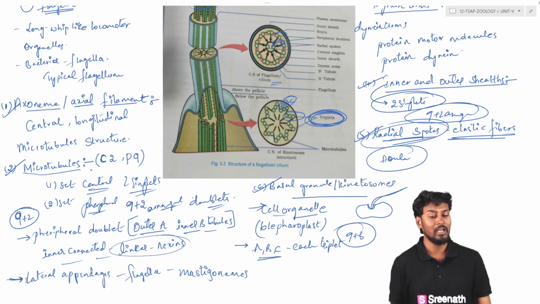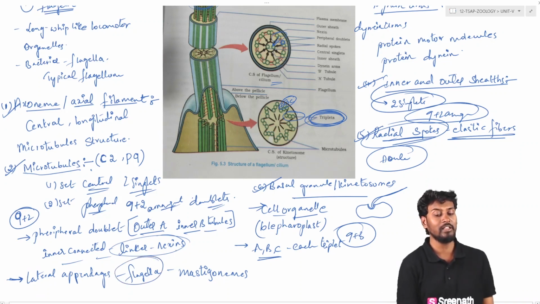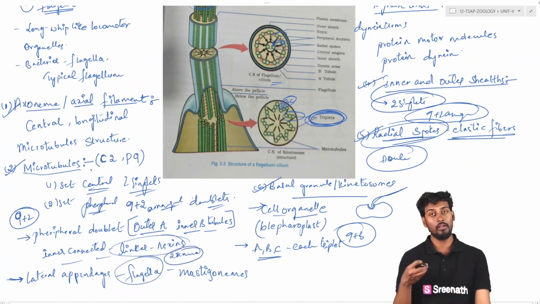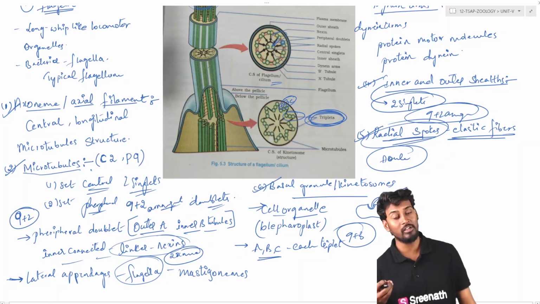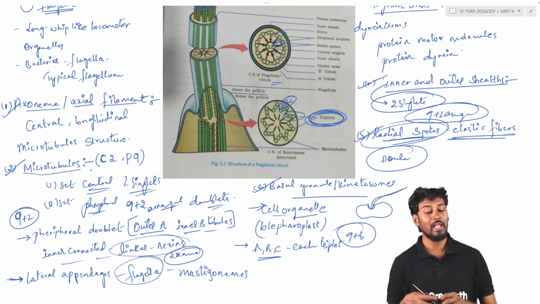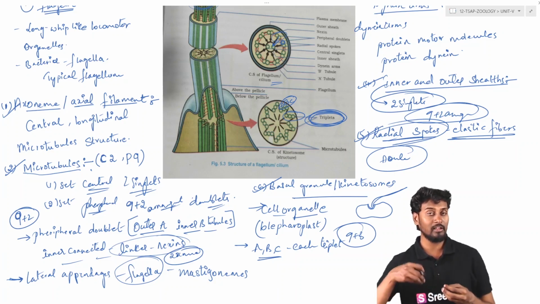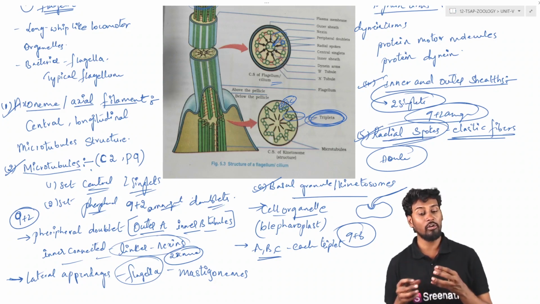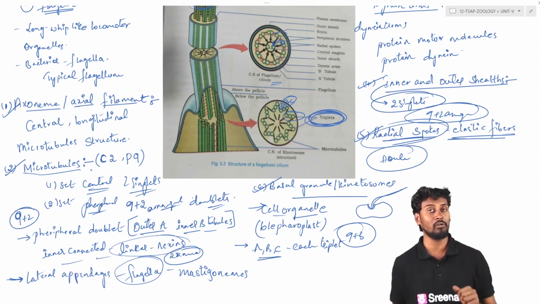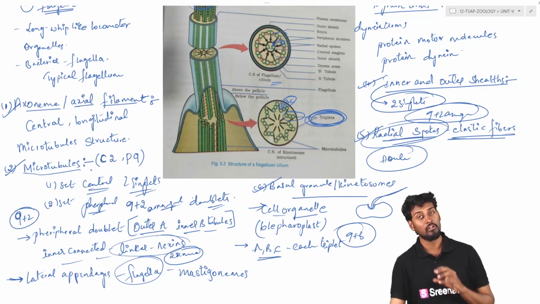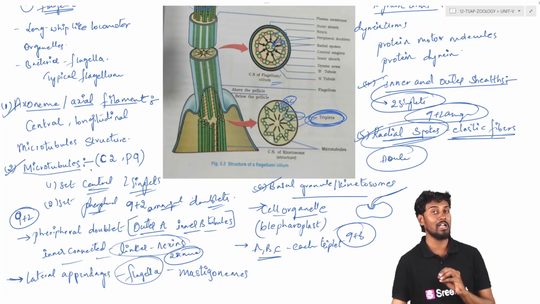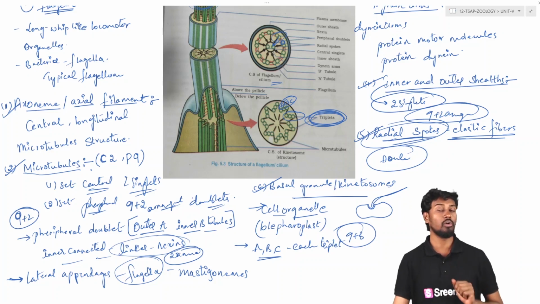The flagella in turn consist of 2 or more fiber-like structures generally attached adjacent to the flagella. Those 2 or more hair-like structures connected to the flagella are called mastigonemes. So mastigonemes are the lateral appendages involved in the locomotion of the flagella.